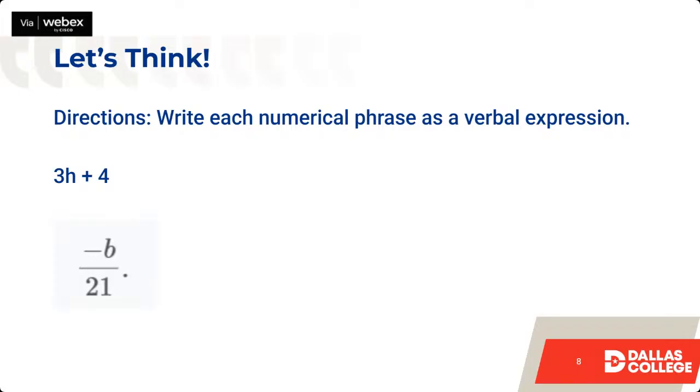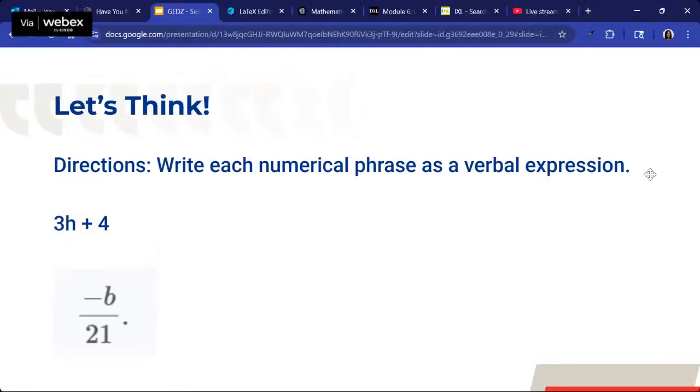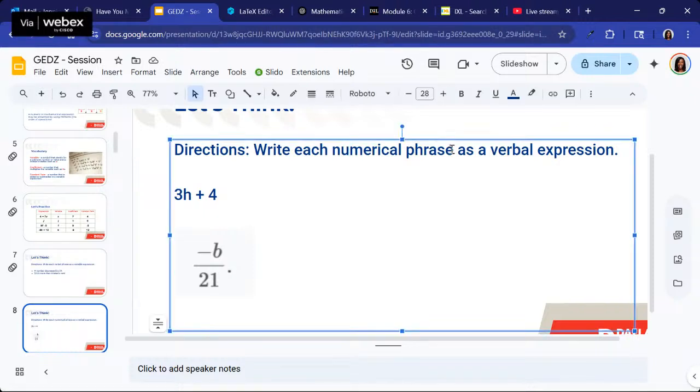You have 2 to do. I want to see what you can do. Don't send me your answers until I ask for them. But when you're ready and you have it, send me ready in the chat box. This time, you're going to write a verbal expression. This is backwards again. Hold on, y'all. We're going to write a verbal expression for our numerical expression.